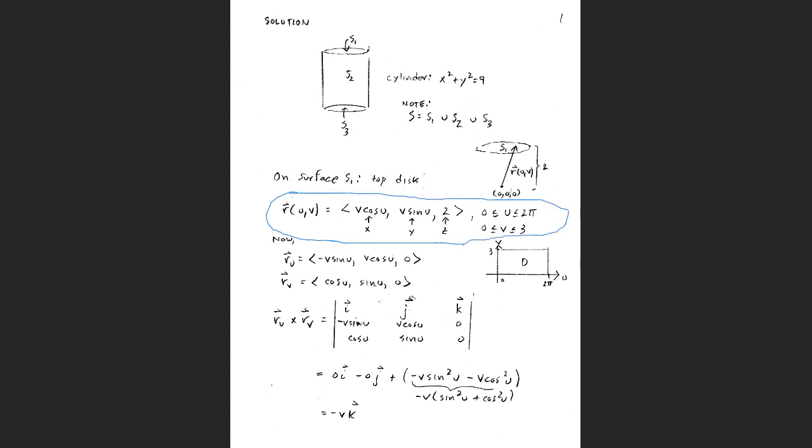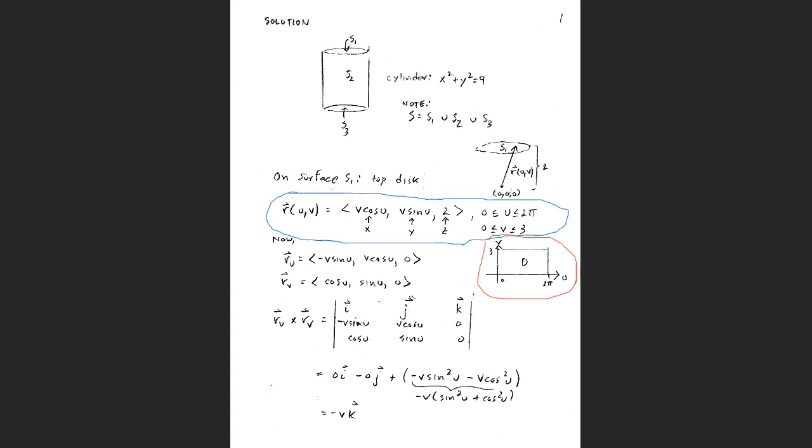And notice what I do here. I know that ultimately I'm going to get a double integral to compute my surface integral. Well, I need limits on my parameters u and v. Well, u goes from 0 to 2 pi, and v goes from 0 to 3. So it's going to be a rectangle. That's my region D for my double integral.